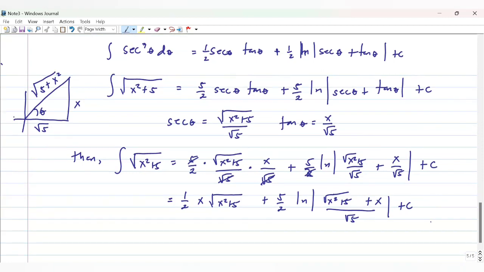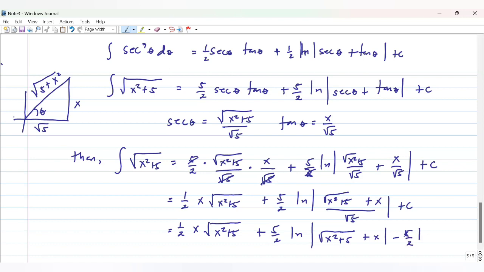So by property of logarithm, we can actually simplify that into 1/2 x square root of x squared plus 5 plus 5 halves ln of square root of x squared plus 5 plus x minus 5 halves ln of square root of 5 plus c.